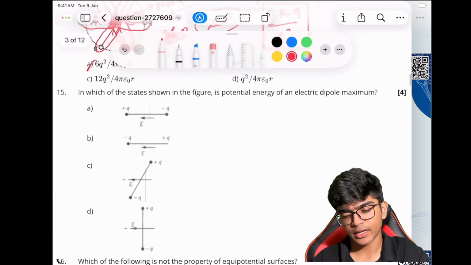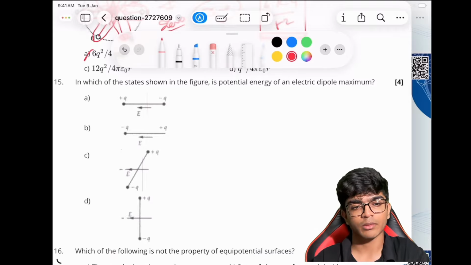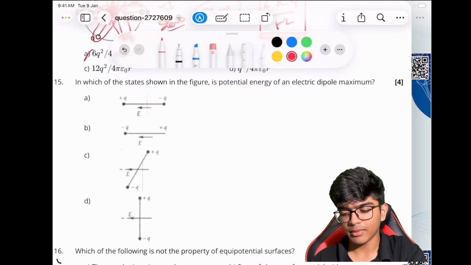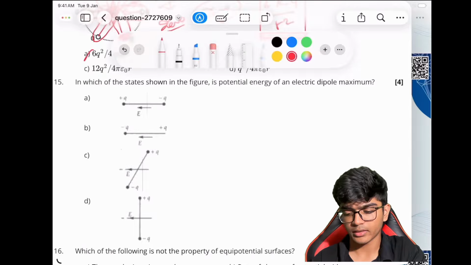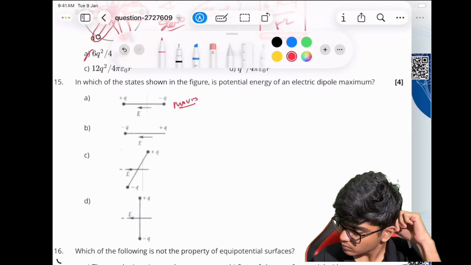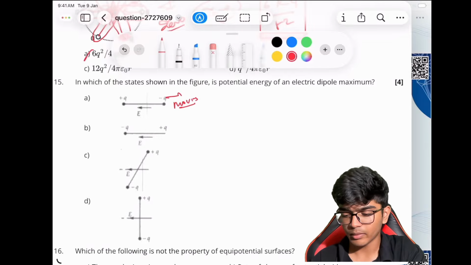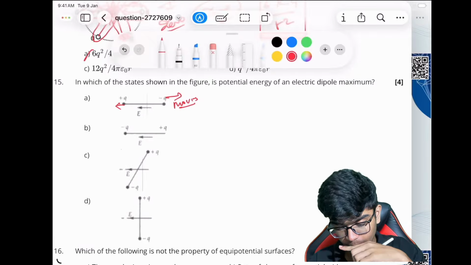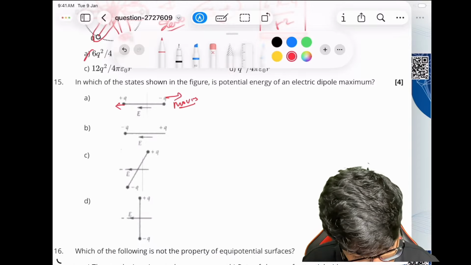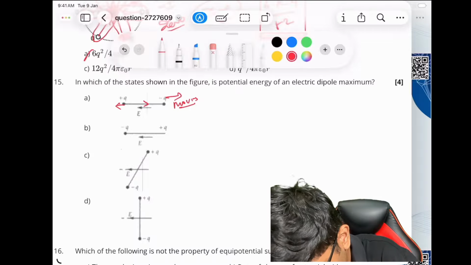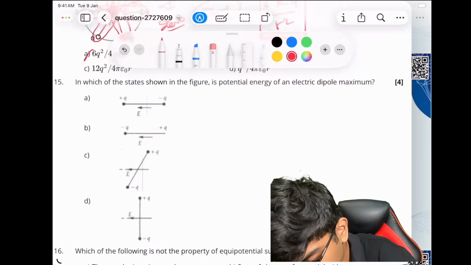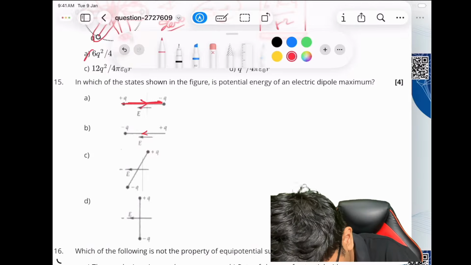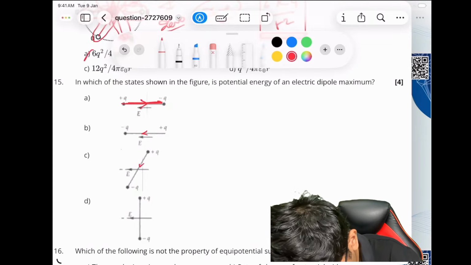Which of the following states has the potential energy of the dipole maximum? எப்போ டைபோலோட பொட்டென்ஷியல் எனர்ஜி மேக்ஸிமமாக இருக்கும்? When it's in unstable equilibrium. Unstable equilibrium எப்போவா இருக்கும்? இப்போ இங்கே பார்த்தீங்கன்னா here it's moving. This field only, it will be moving here இப்படி. டைபோல் வந்து ஆன்டி பேரலாக இங்கே இருக்குது.